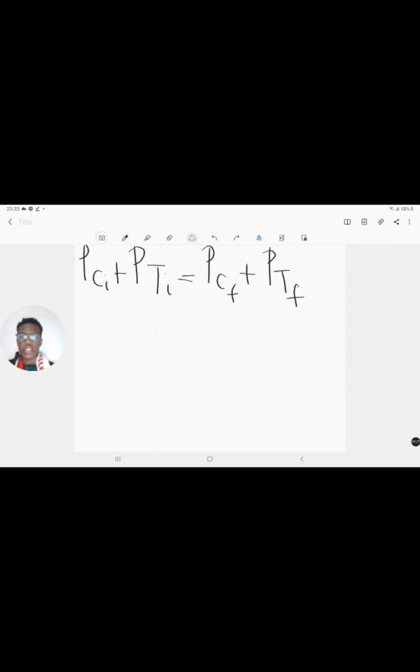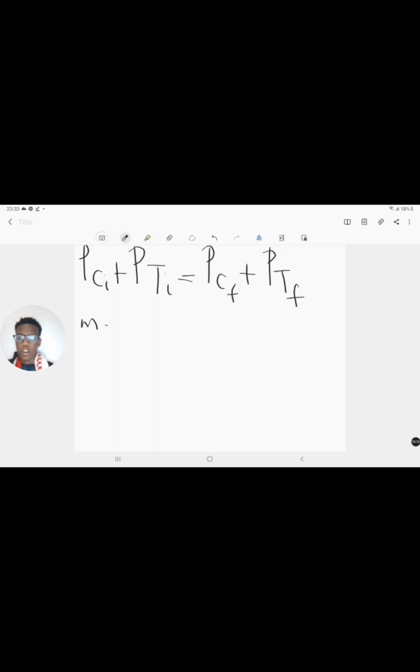Firstly, let us start off with this one. The momentum of the car initially, before the collision. What is the momentum of the car before the collision? So you've got M times V. The mass of the car times the velocity of the car, initially.